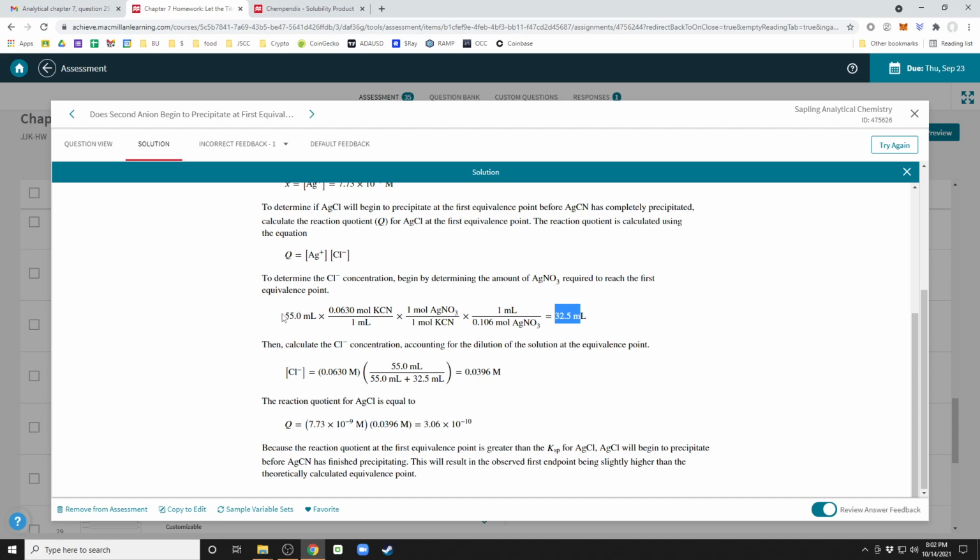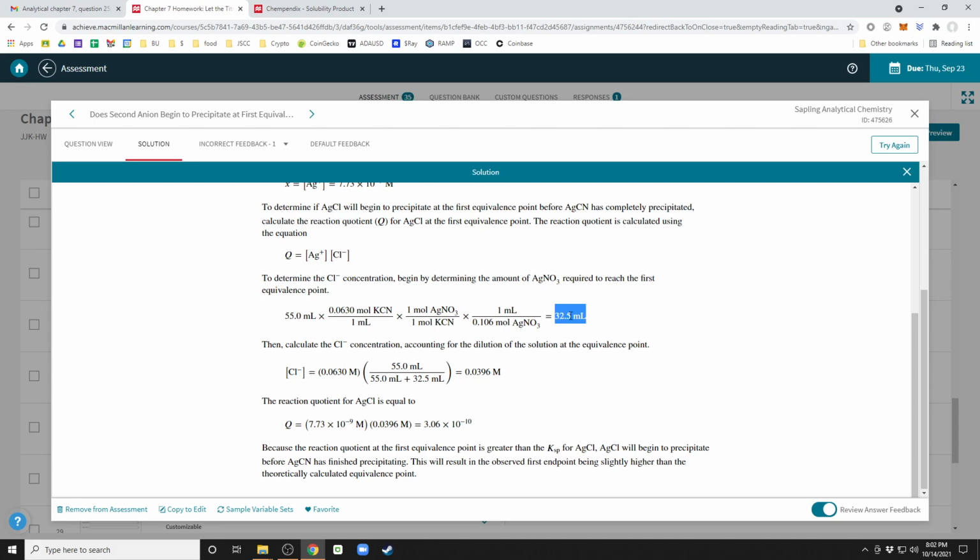Essentially what we've done is we've gotten millimoles of KCN. It's a 1-to-1 ratio between the silver, Ag, and the CN to make AgCN. And then we've taken the moles here divided by the molarity of AgNO3, and that gave us our milliliters of the AgNO3 that would take to do this titration.